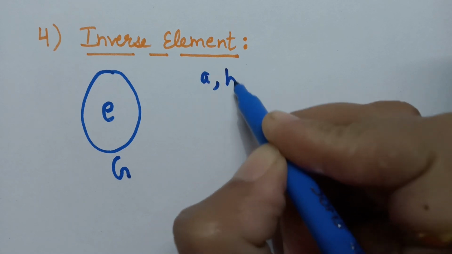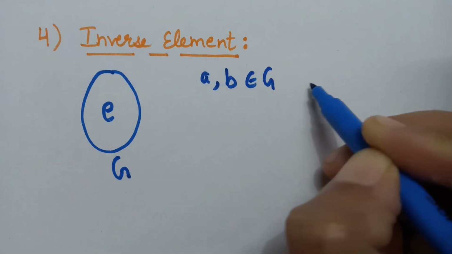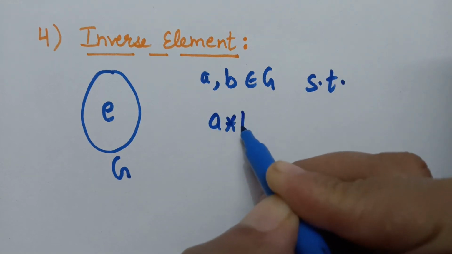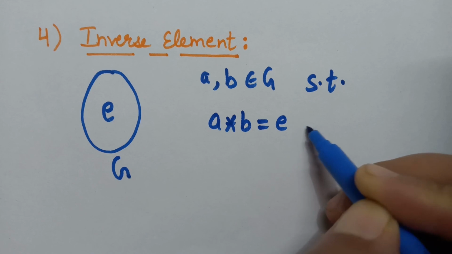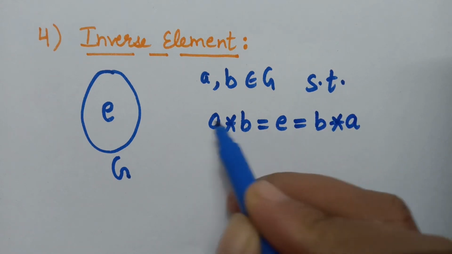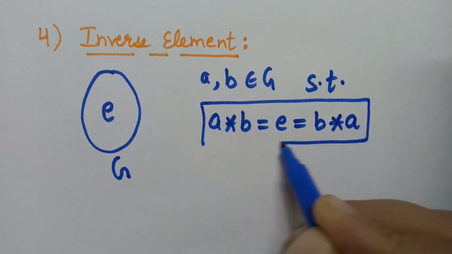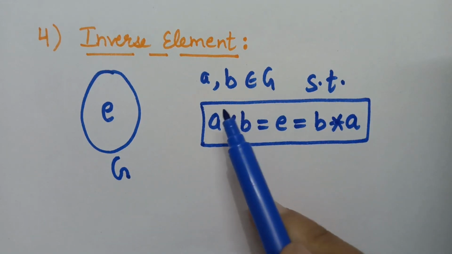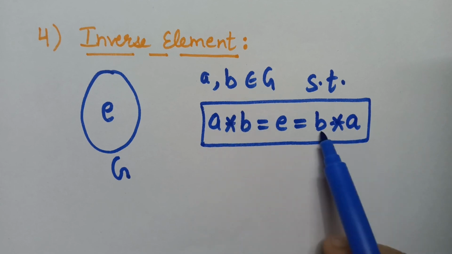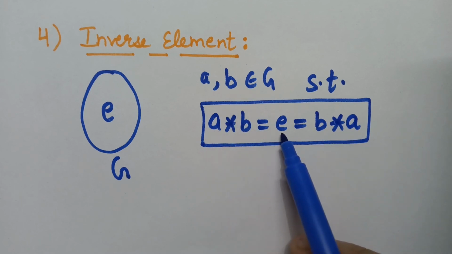If A and B are elements of G such that A star B is equal to identity and B star A is also equal to identity, that means the given set has two elements A and B such that when they are combined in any order, they produce the identity element.